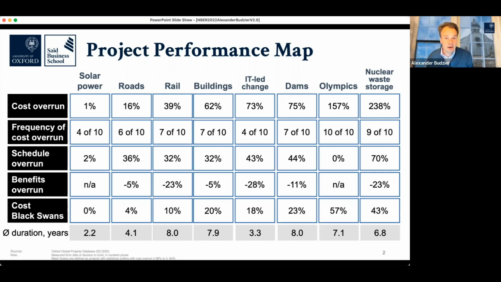Think smart motorways, think different tolling systems and different ways of charging for traffic. There's a lot more IT in our projects that are coming online.